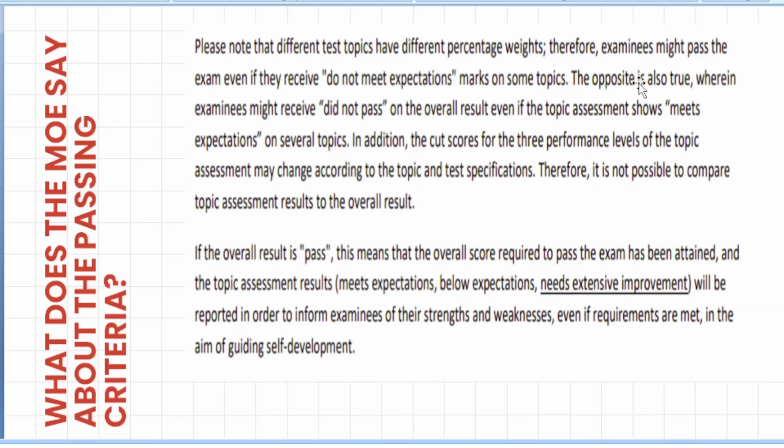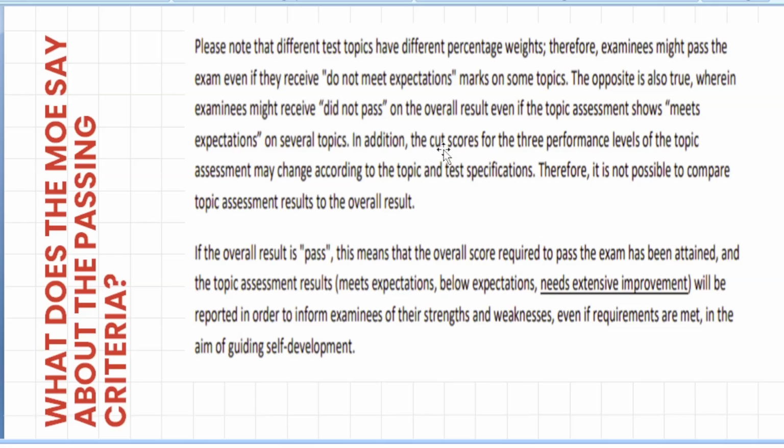The opposite is also true, where an examinee might receive did not pass on the overall result even if the topic assessment shows meets expectations on several topics. In addition, the cutoff score for the three performance levels of the topic assessment may change according to the topic and the test specification. Now this point is very important to understand.